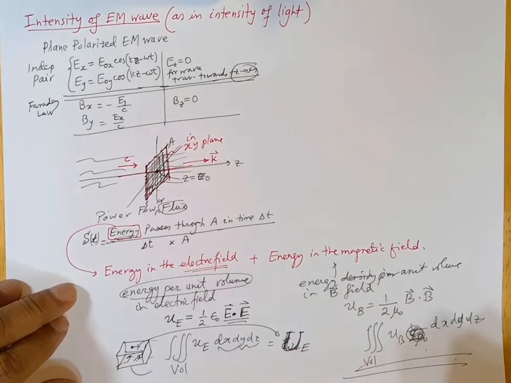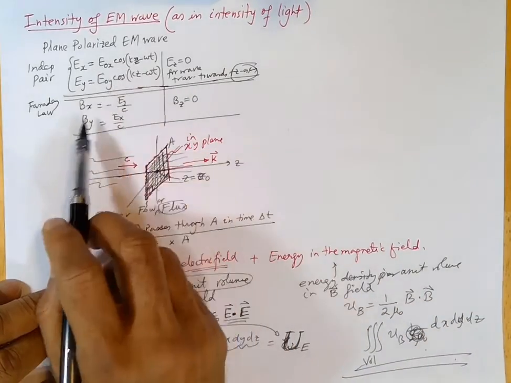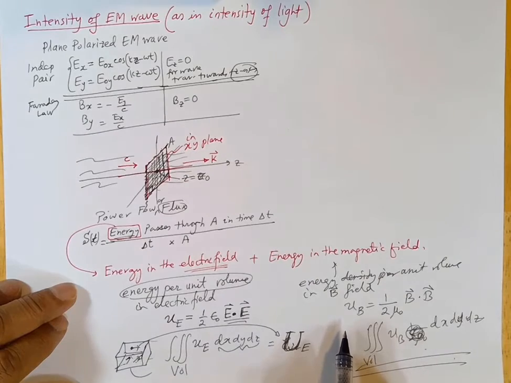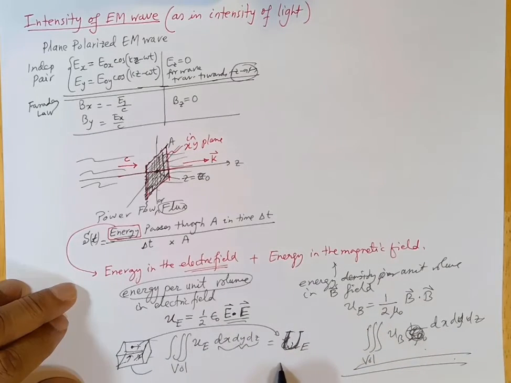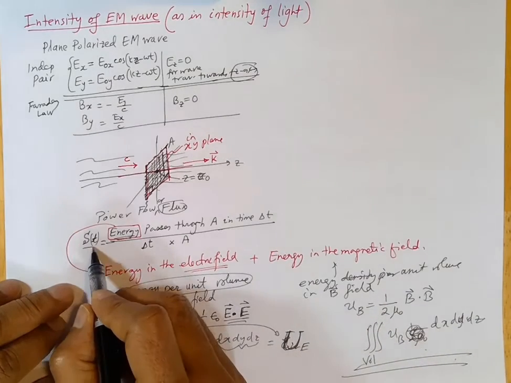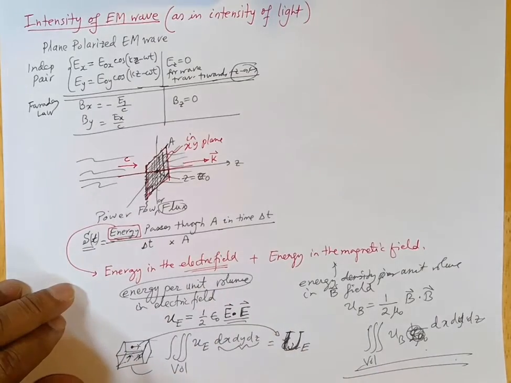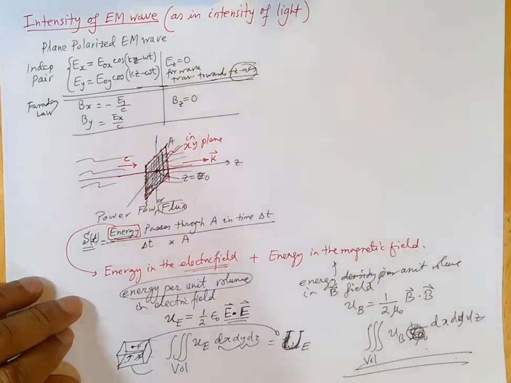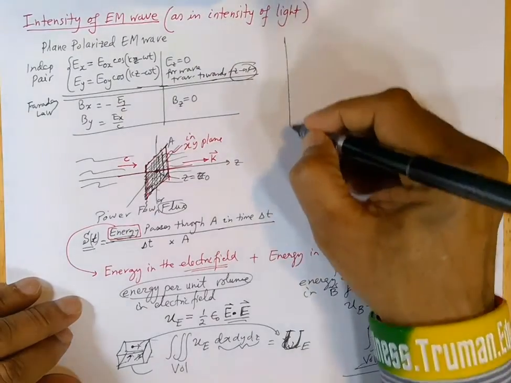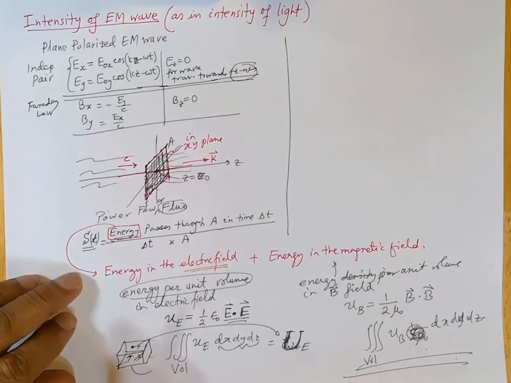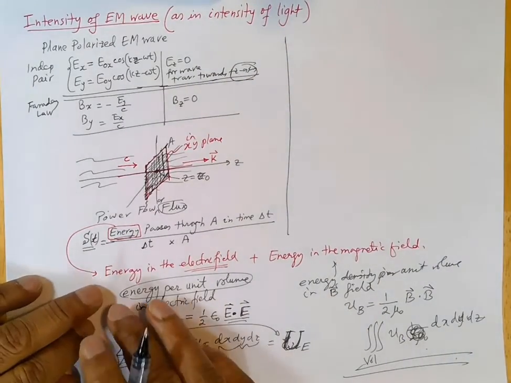Now, the electric field and magnetic field are time dependent, right? So these will be time dependent, and that will make this energy time dependent. That's where the time dependence comes from. Let's see.